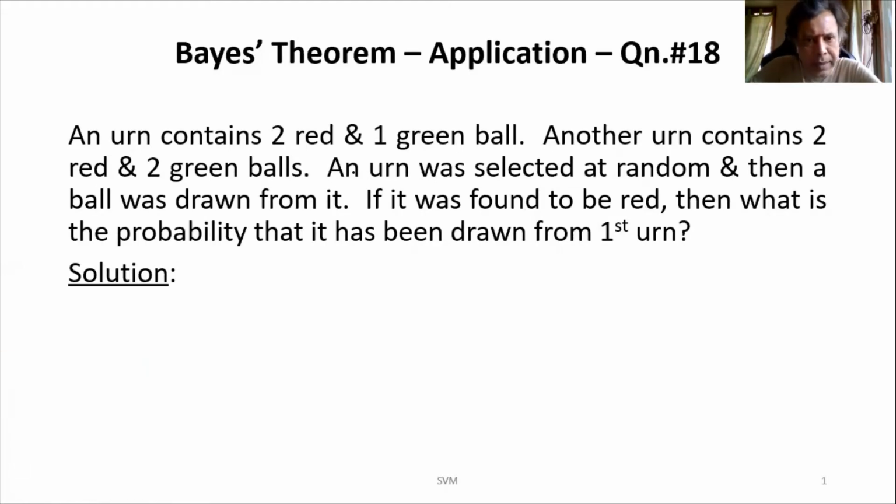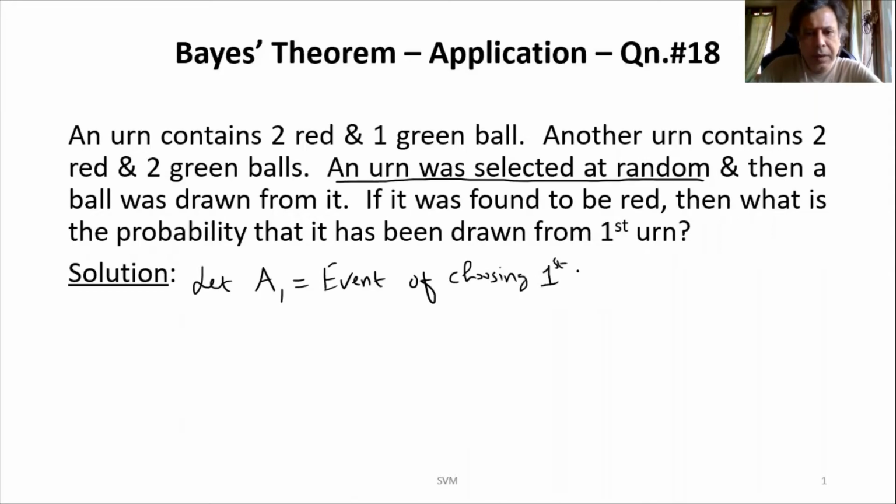And then here they say an urn was selected at random and then a ball was drawn from it. So let us say, let A1 equal to the event of choosing the first urn. There are two urns and we are going to select any one of them.